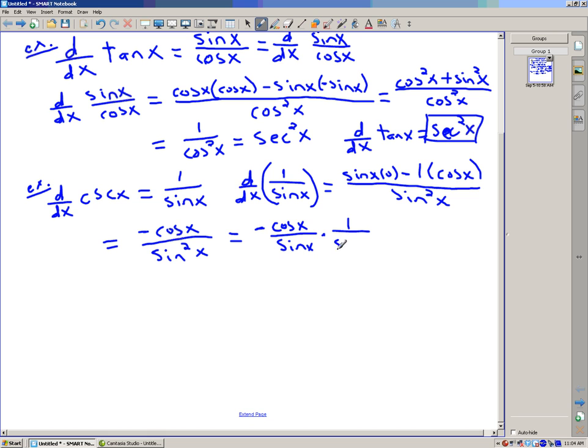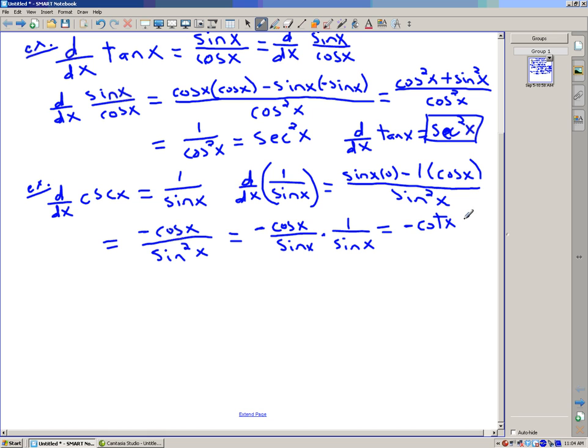Notice if you multiply the tops, we get negative cosine. If you multiply the bottoms, we get sine squared. But the reason this is changed like this is because we now have two trig functions. Cosine over sine is cotangent, and 1 over sine is cosecant.